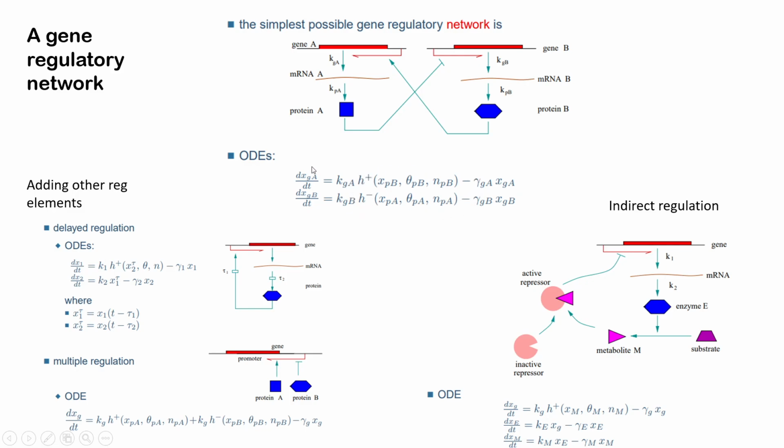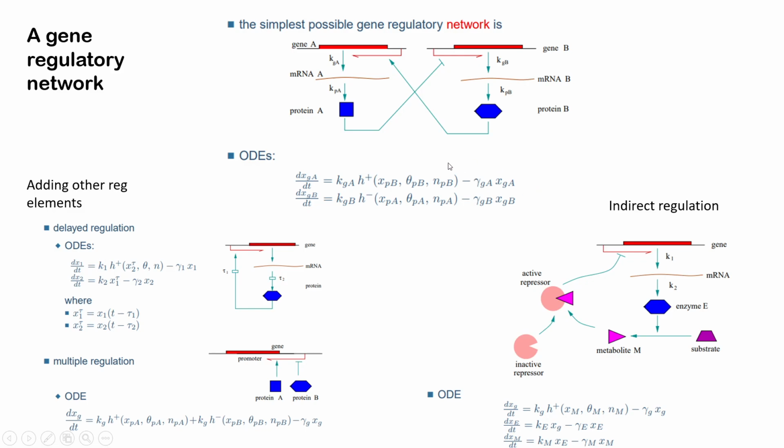So in this case for gene A, this is getting upregulated only. So this will keep on forming. So it'll be the positive Hill function, the H plus, and in case of gene B, it'll get degraded. Basically, it'll not be forming; it'll degrade. So it'll move in the opposite direction, and hence the H negative function.